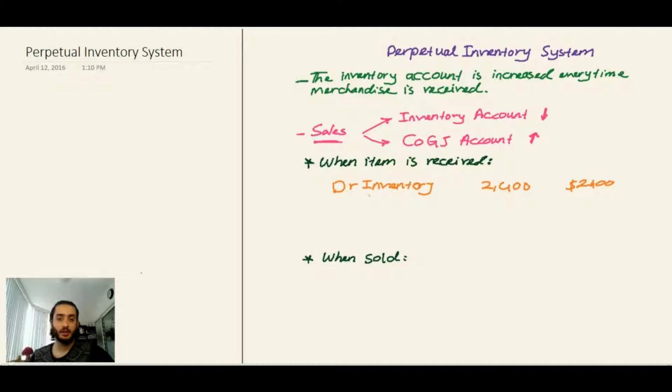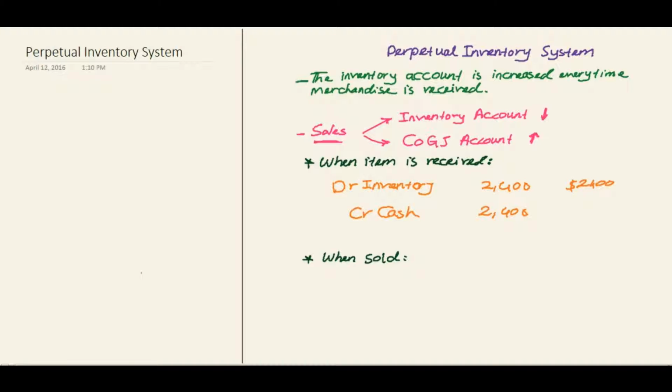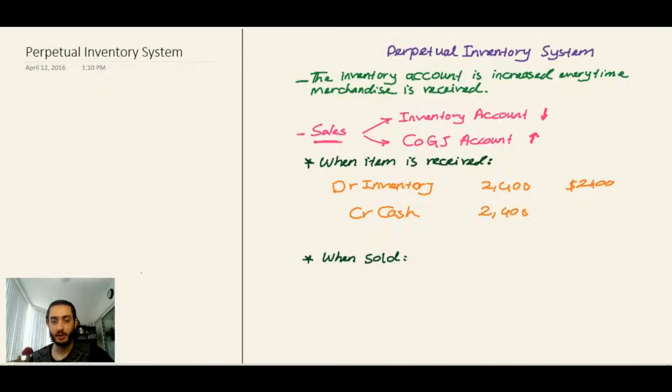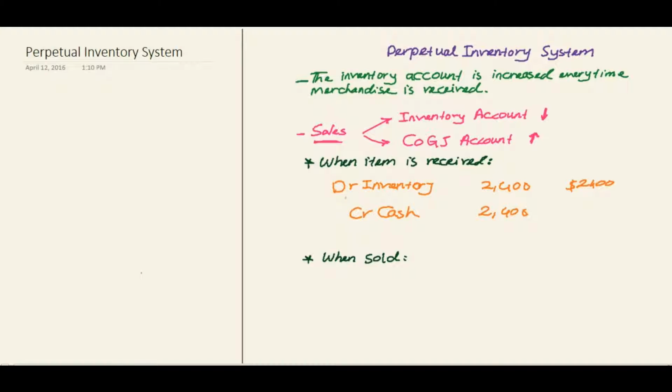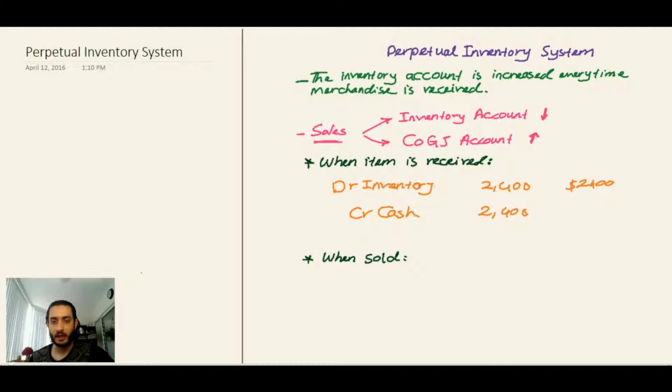So let's assume that we paid for it in cash. So we will credit cash by the same amount. Okay, so at the time of the purchase and when the item is received, we have to increase the inventory account and decrease either cash or accounts payable. Okay, this is at the time of the purchase.